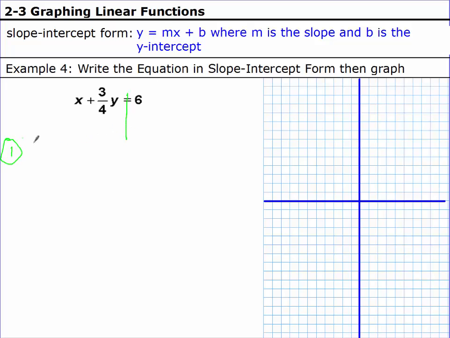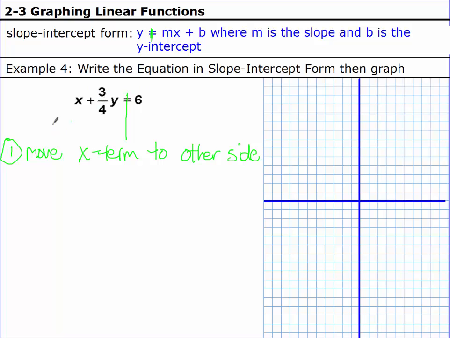So step number 1, move x term to other side. You'll notice that in this form, the standard-ish form, x and y are on the same side of the equal sign, but in slope-intercept form, they're on opposite sides of the equal sign.